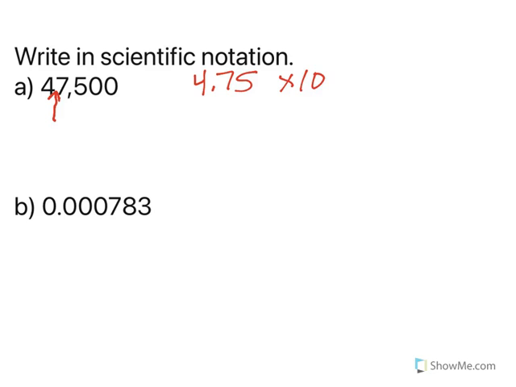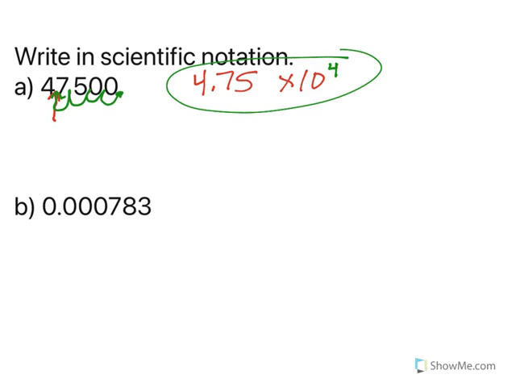Well, in this number, if you don't see a decimal, it's at the end, right? So we know that the decimal's at the end, and my arrow is between the 4 and the 7. That's where I'm moving the decimal to. So if I started my decimal here and say, okay, 1, 2, 3, 4, that means my decimal moved 4 places. I know it's positive because that's a big number, and therefore 4.75 times 10 to the 4th is scientific notation.